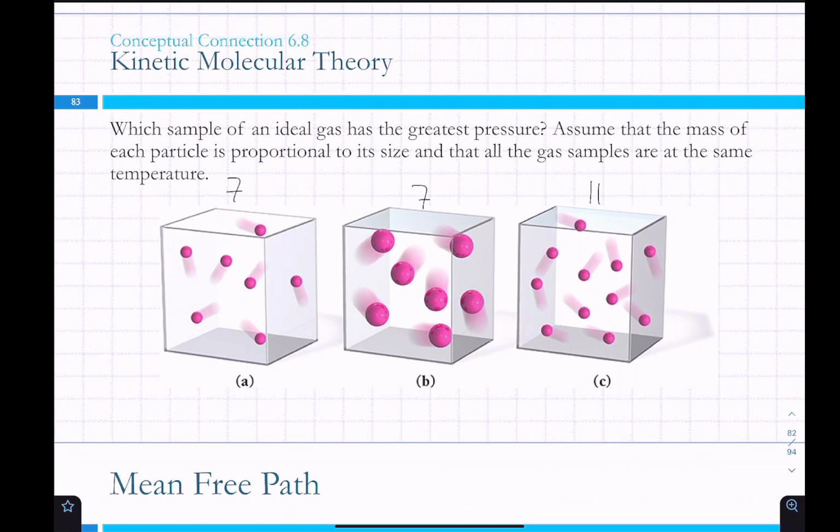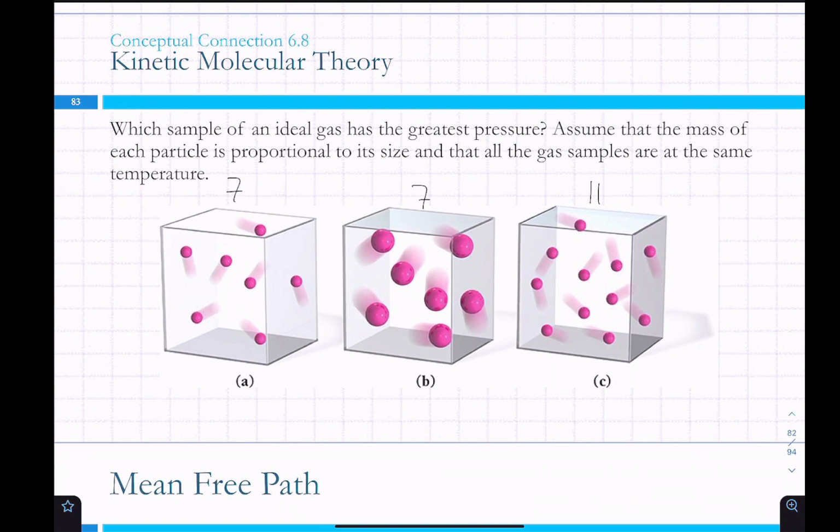So it's the same temperature. What do you know about all the particles at the same temperature? They have the same kinetic energy. They'll have different velocities depending on their molar masses. So the more massive it gets, the slower it's going, but it's the same kinetic energy.